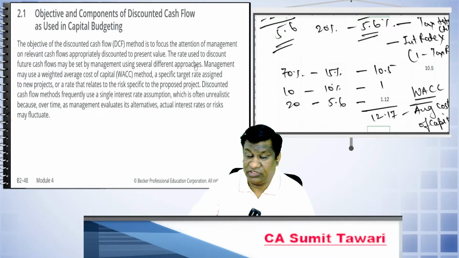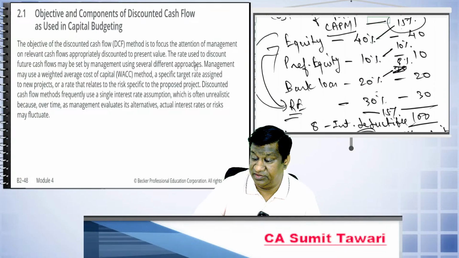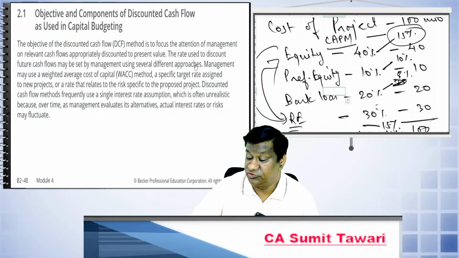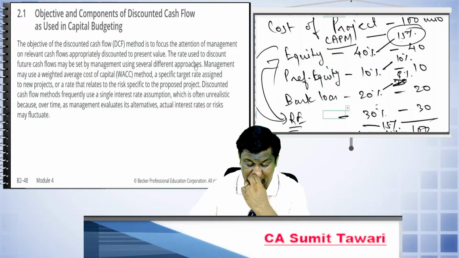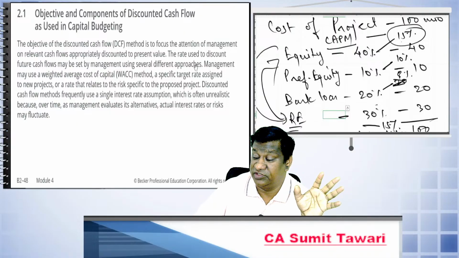So what I need to do here, whatever may be my investment, 100 million investment, is see in what form I'm getting the money and what is the expectation of my stakeholders. So I'm getting 40% as fresh equity infusion plus 30% as retained earning. So 70% belongs to the equity shareholders, and they expect a 15% return.